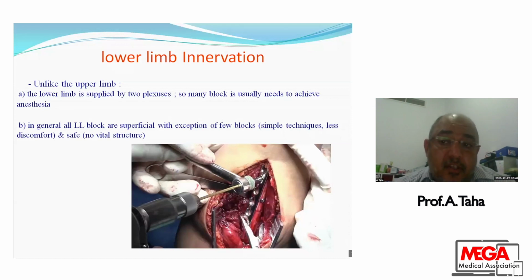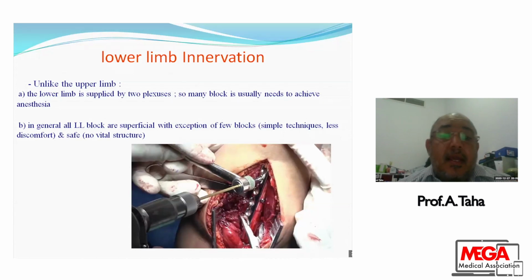A single block is very rarely used as the sole anesthetic technique. However, we have an advantage in the lower limb: we don't have vital structures like in the upper limb. In the upper limb, you have the pleura and lung, the carotid vessel, the vertebral artery, and the phrenic nerve, so local anesthetic may spread to vital structures. This does not exist in the lower limb. I don't care if the local anesthetic spreads to another nerve; it doesn't matter, unlike spread to the phrenic nerve or the vertebral artery in the scalene block.